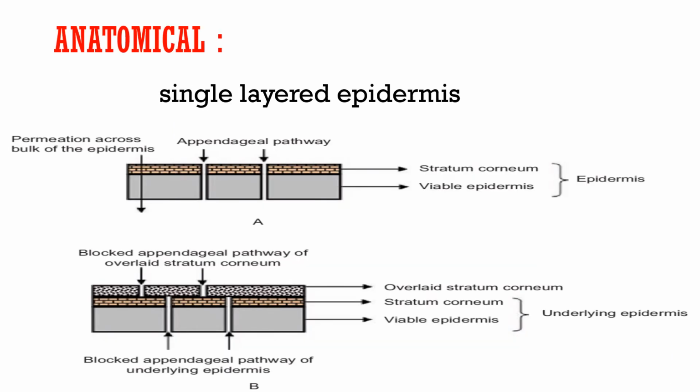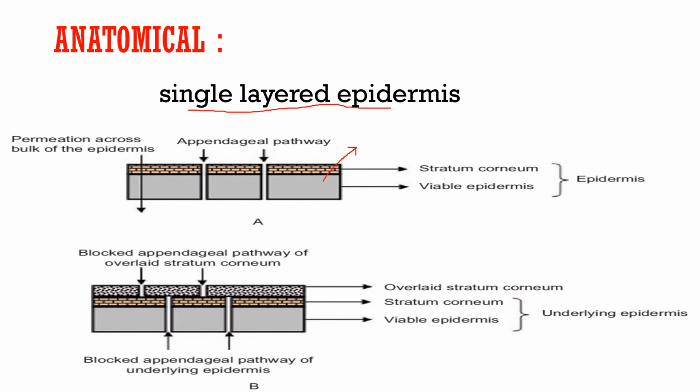The next type of adaptation is anatomical adaptation, and anatomical adaptations mean according to the internal structure of that plant. The anatomical adaptations are also very rare and not so special in mesophytes. So the main anatomical adaptation in the mesophytes is a single layered epidermis. You can see here there is a single layered epidermis.